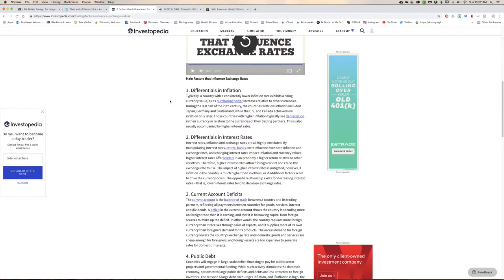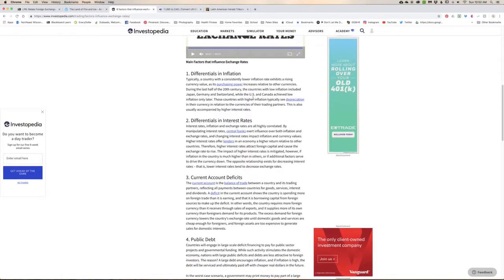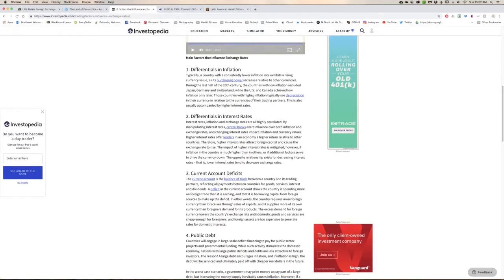So some of the reasons why currencies fluctuate: when the government, like in China, doesn't have as much control, they're letting it float and not devaluing it like China does. So like the US fluctuations or Europe fluctuations that tend to float more freely, they're definitely impacted by inflation. So a country with consistently lower inflation definitely has a rising currency value.